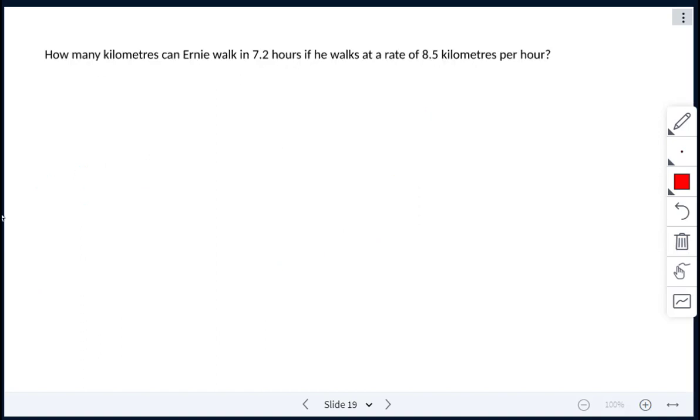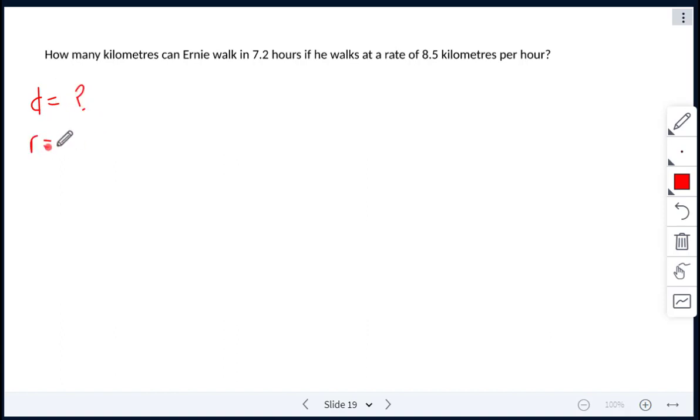How many kilometers can Ernie walk in 7.2 hours if he walks at a rate of 8.5 kilometers per hour? This time we are solving for distance. So distance is what we need to find.